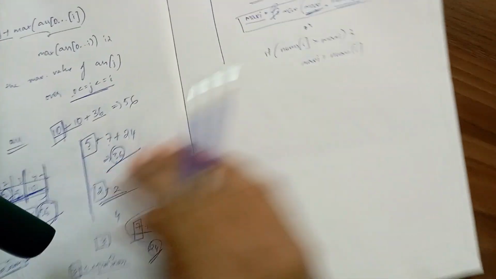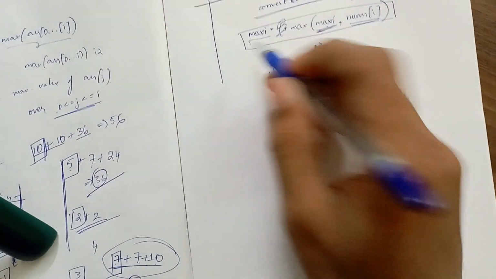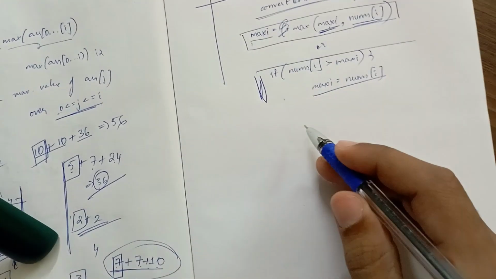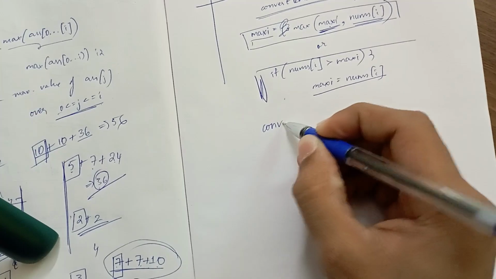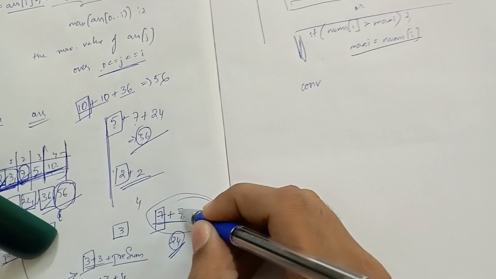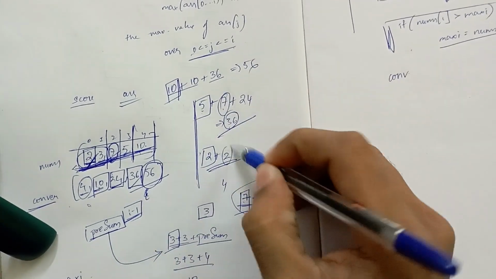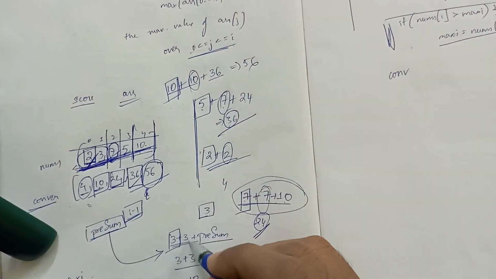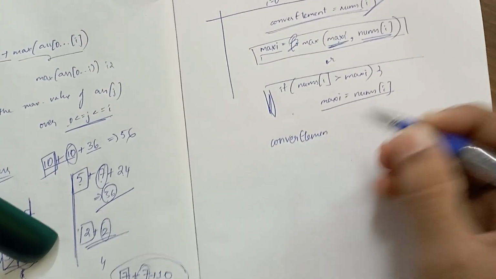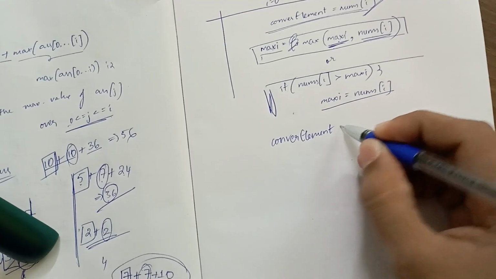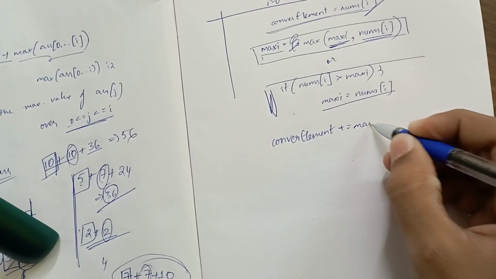So now you can write this or this here, and then we add, as we added the maximum element every time for the convert element, we do the same here. Convert element plus is equal to maximum element.